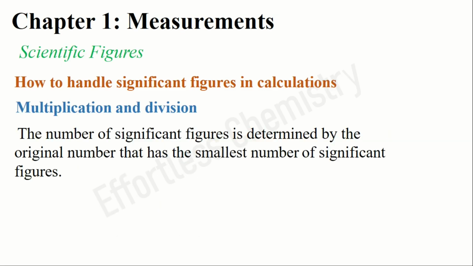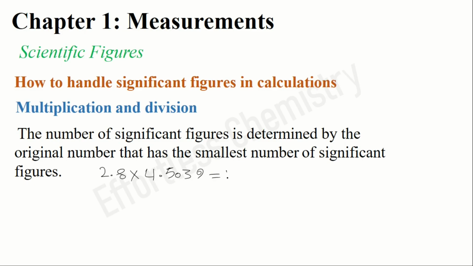Regarding multiplication and division, the number of significant figures is determined by the original number that has the smallest number of significant figures. For example, in multiplication, consider 2.8 multiplied by 4.5039.